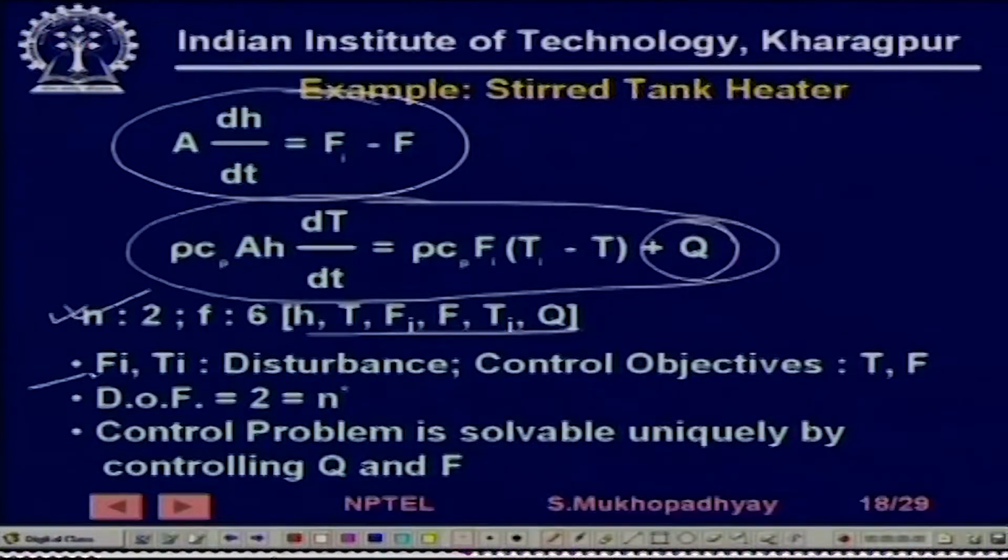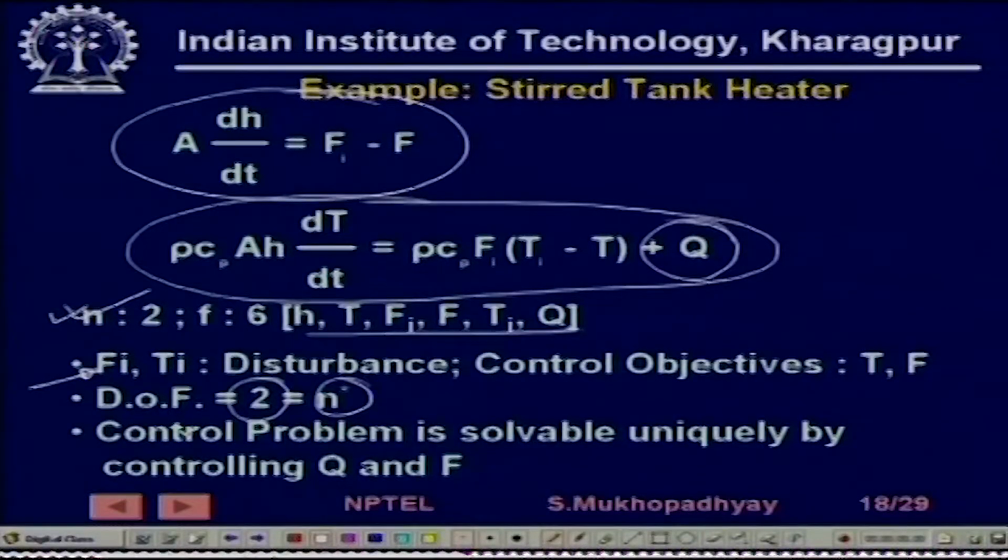Of these, 2 are disturbances, Fi and Ti, that is the flow rate and the temperature of the feed. We assume that we cannot set those, so 2 are lost. So 6 minus 2 minus 2, the remaining degrees of freedom is 2. That means it can take up to 2 control objectives.